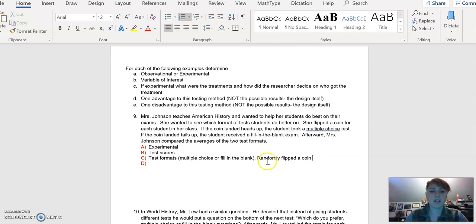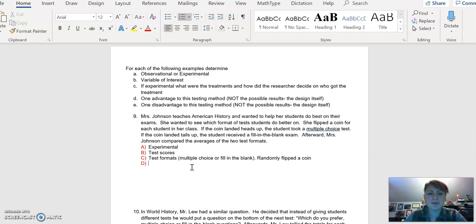Okay. So now, talking about advantages or disadvantages to the testing method. A lot of students here want to say, well, an advantage is that kids will do better on multiple choice. You don't know that. That's what you're trying to test. You want a testing method that's going to be unbiased and give you the best data so you can analyze if your hypothesis is actually true.